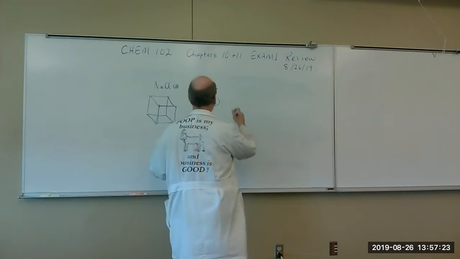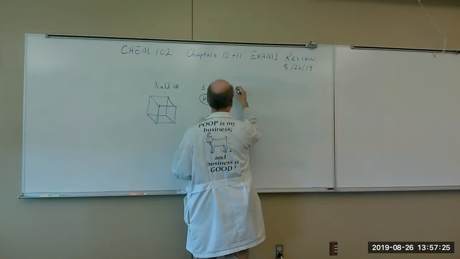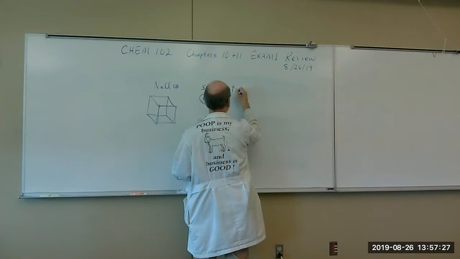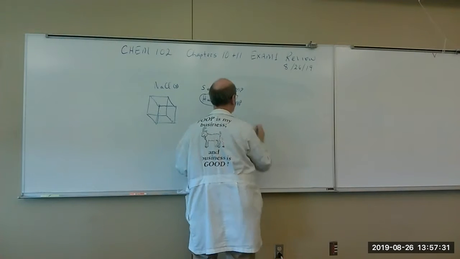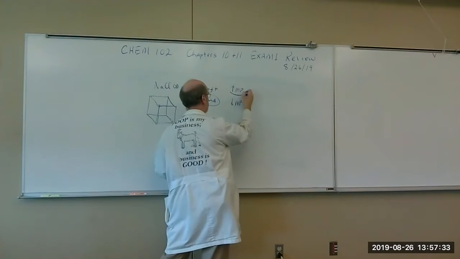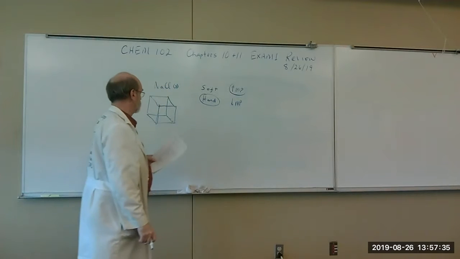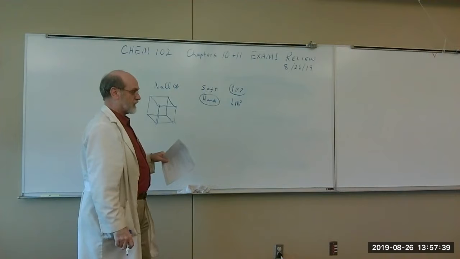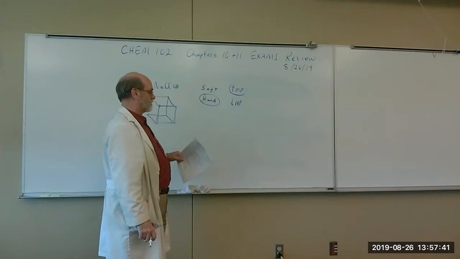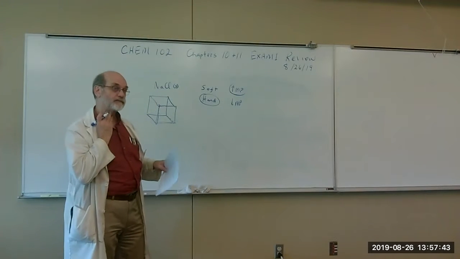How about melting point? So it's high melting point or low melting point? High melting point, right. The attraction of ions to one another is a force that takes a lot of energy to overcome.